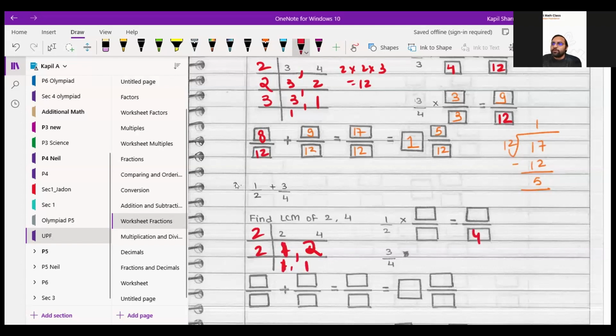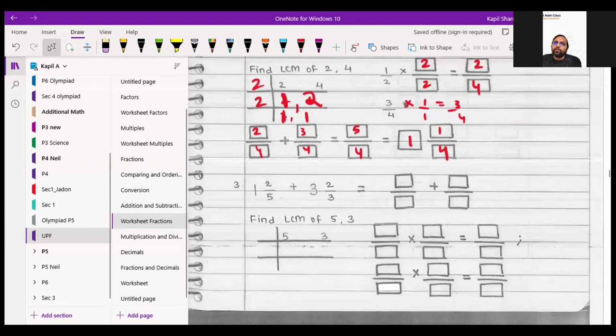So that means we need to multiply and divide by 2. And since 3 upon 4 already has 4 as its denominator, we need to do nothing. Or you can say that multiply and divide by 1. So 2 upon 4 plus 3 upon 4 is 5 upon 4. And as a mixed number, this can be written as 1 and 1/4.